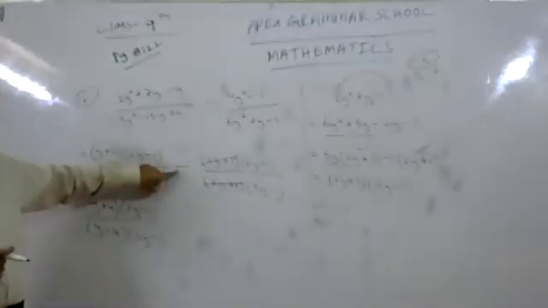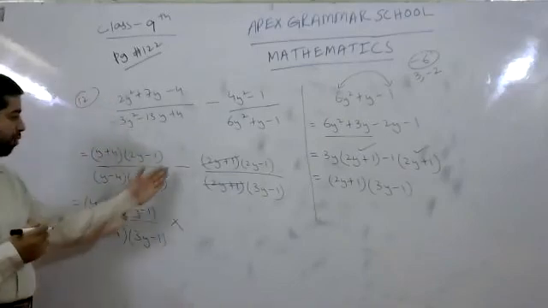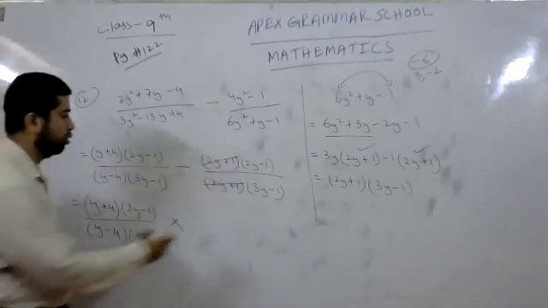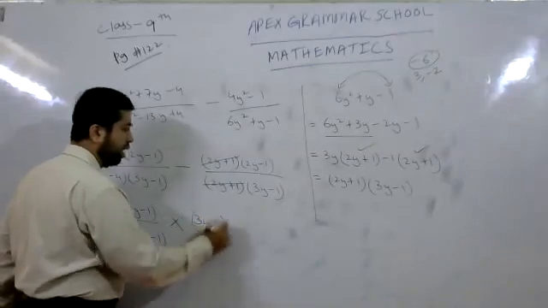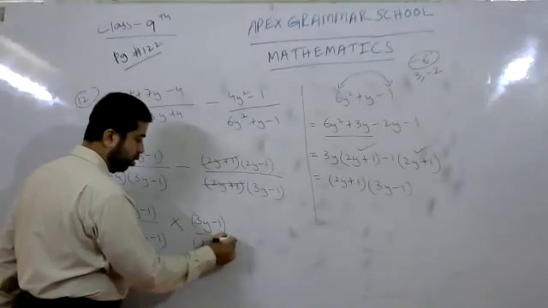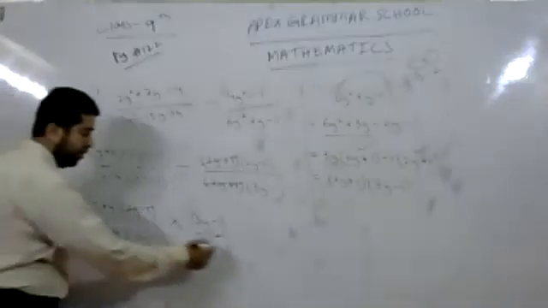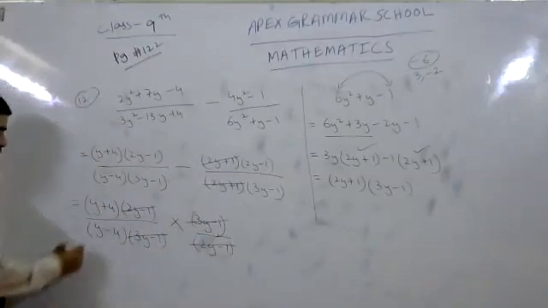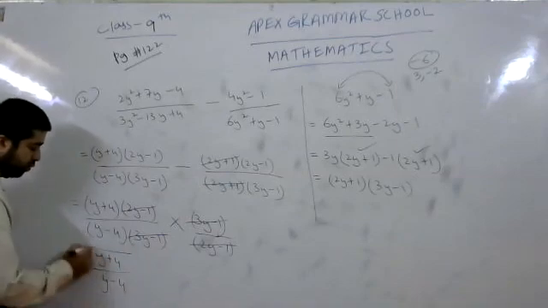The divide sign is changed to the multiply sign, and then the fraction after it is made reciprocal. So this 3y minus 1 will appear in the numerator and this 2y minus 1 will appear in the denominator. Now you can cancel 2y minus 1 with 2y minus 1 and 3y minus 1 with 3y minus 1. So this will be your answer: y plus 4 over y minus 4.